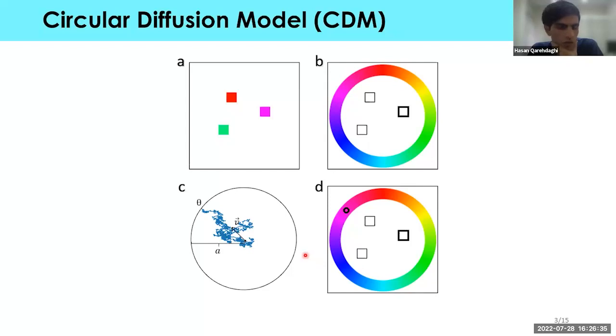The circular diffusion model models this procedure as the integration of information over time, and the integrated information at any time is represented by a state point in the two-dimensional plane.